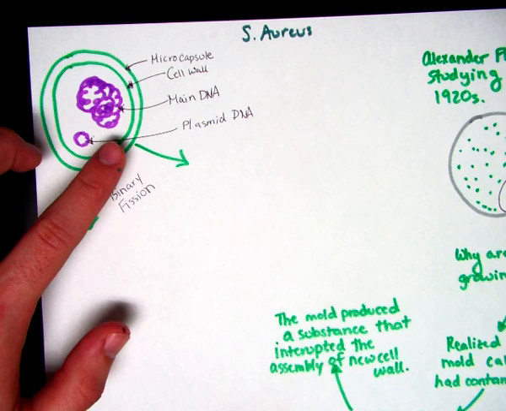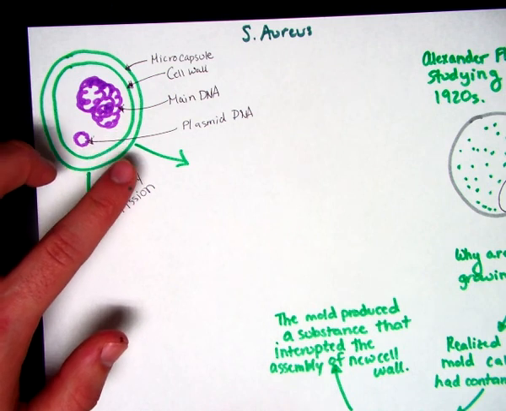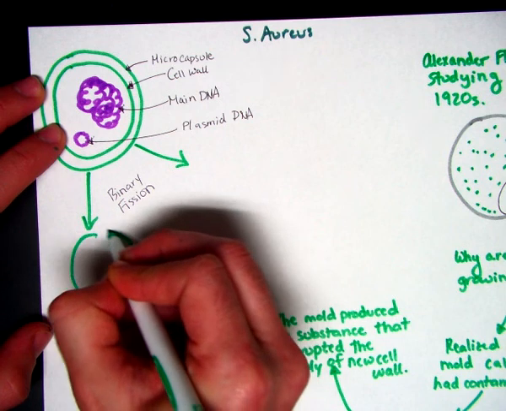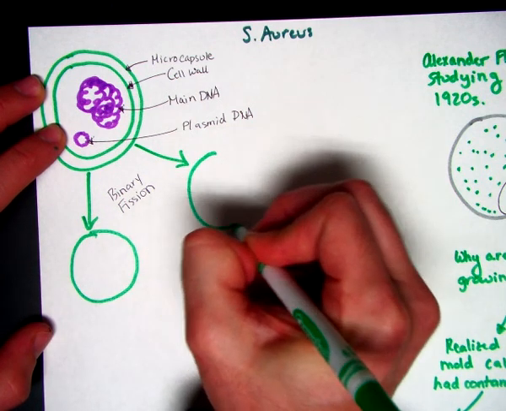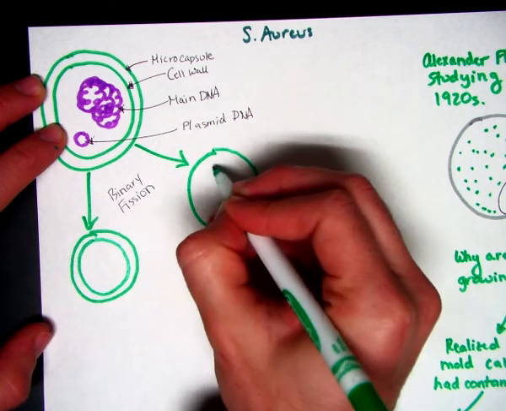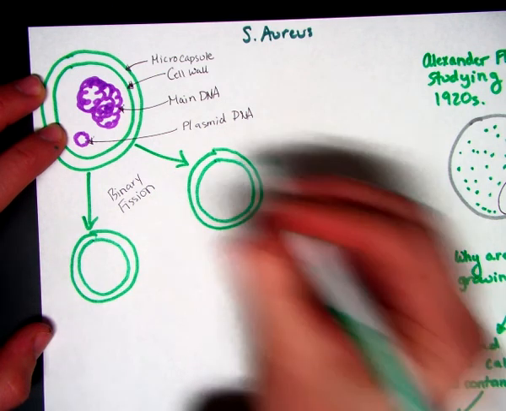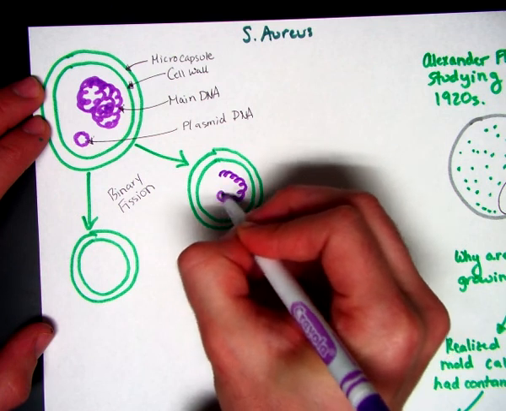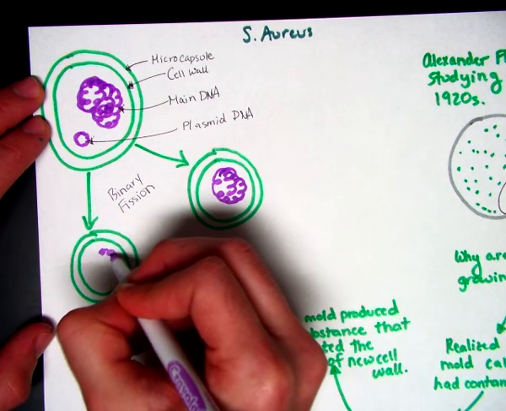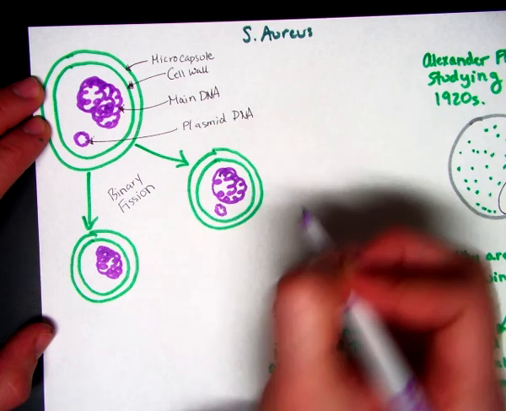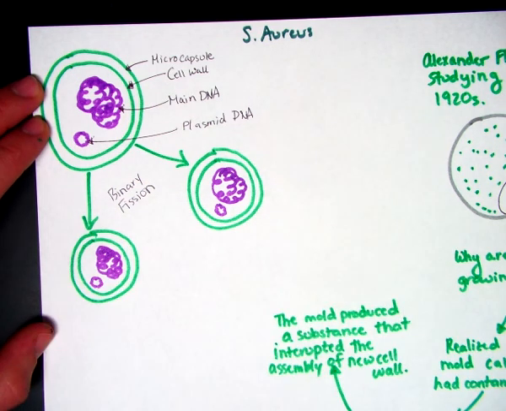They also make more cell wall and more microcapsule, and so they can make a complete copy of the bacteria with a full set of the DNA and plasmid.